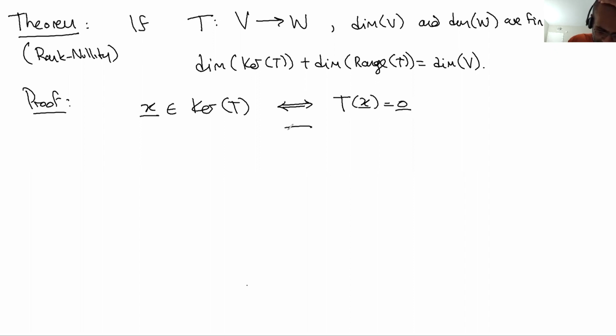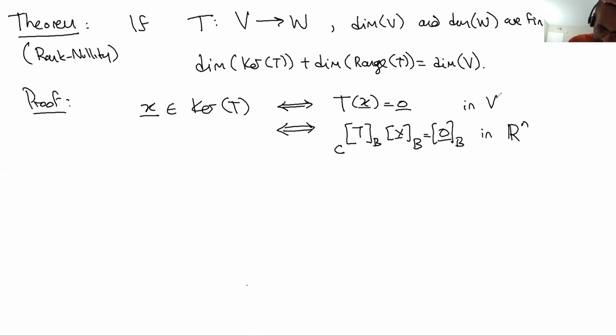That's a definition, but that's true if and only if the same is true for the matrix of T and the coordinate vector of X. So this is in W and this would be in Rm. But then this is just the same thing as saying the coordinate vector lies in the null space of this matrix.